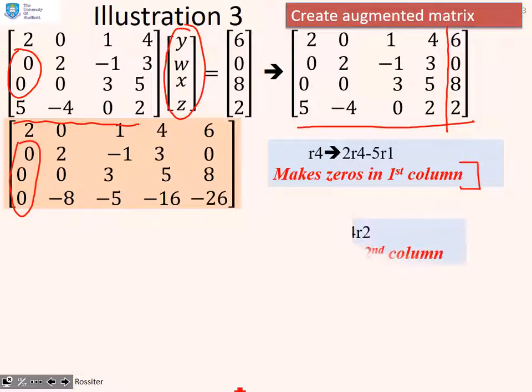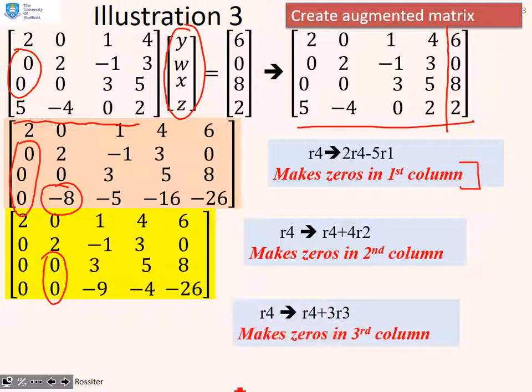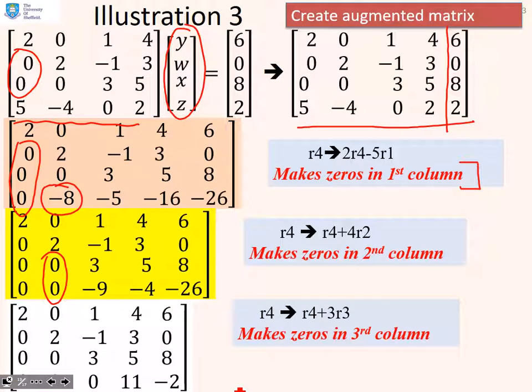And now we need to look at the second column, and again we only have to worry about one row because we've already got the 0 we put there before above that. So we do that, and now you can see we've got zeros in the second column. And then finally we make zeros in the third column. And there we go. So you see once again we've got our lower triangular form, all zeros in the bottom left.